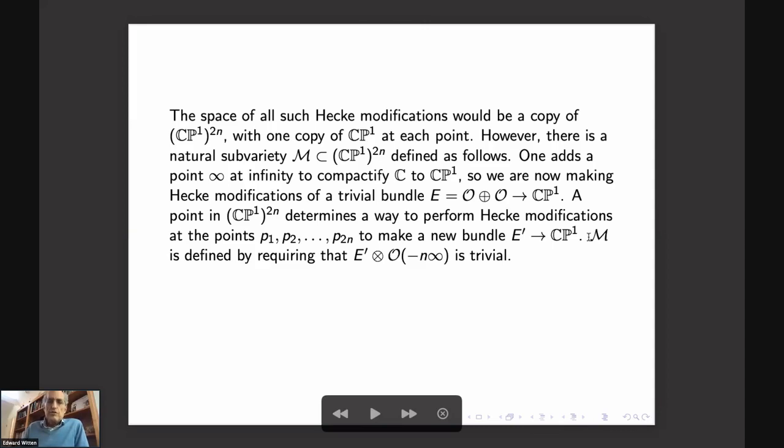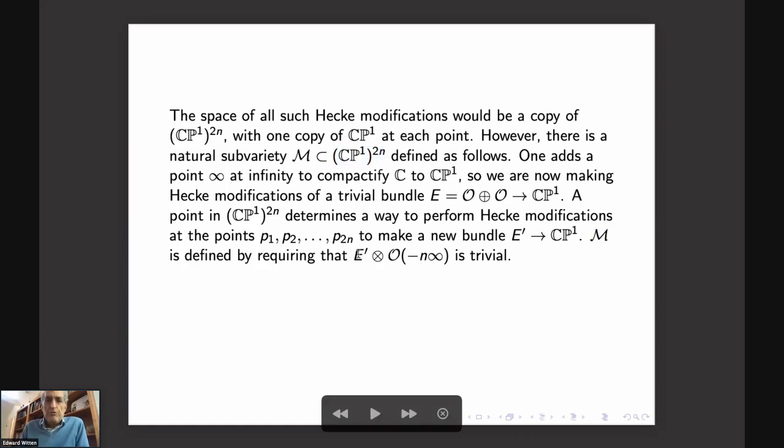By consideration of the first Chern class, it has first Chern class 2n, because the first Chern class changed by 1 with each Hecke modification. And that means it's generically going to be the direct sum of 2 copies of O of n. So by insisting that it has the generic behavior, we get a submanifold of this thing.